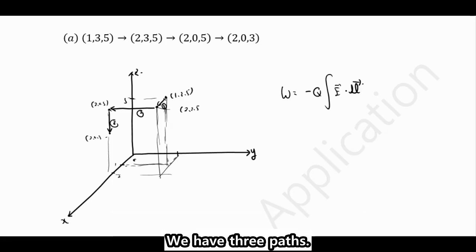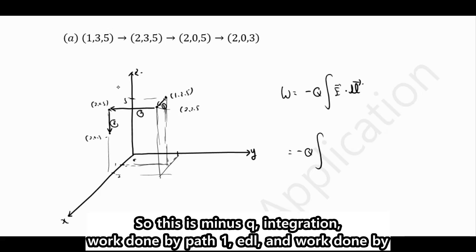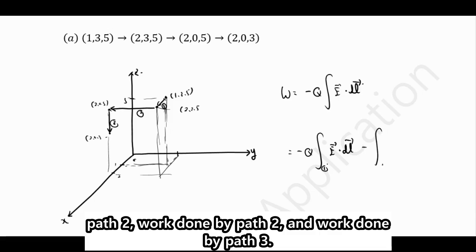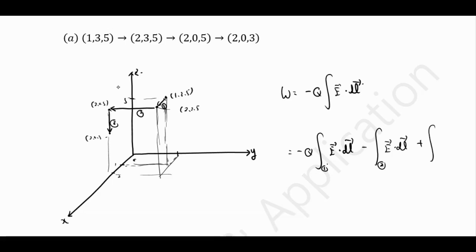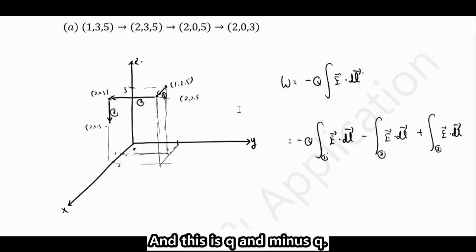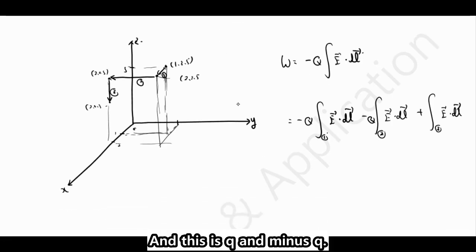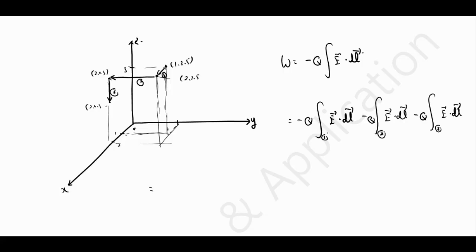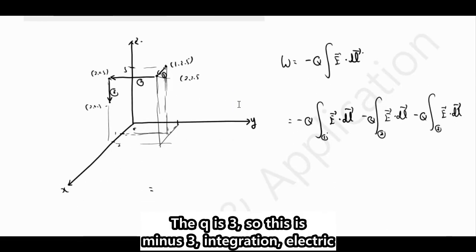So this is minus q integration, the work done by path 1 E dl, and work done by path 2, and work done by path 3. The q is 3, so this is minus 3.